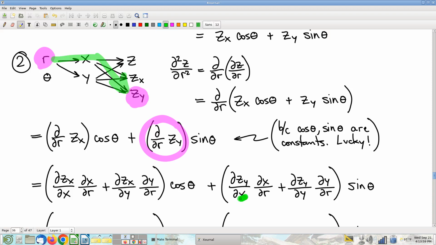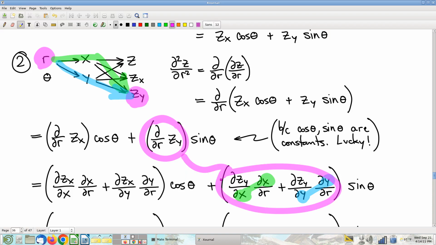There's the X path. There's the Y path. And thus X and Y terms. And therefore, the chain rule gives us that. This constant sine theta sticks around again, as it will do. And there you go. Everybody good?